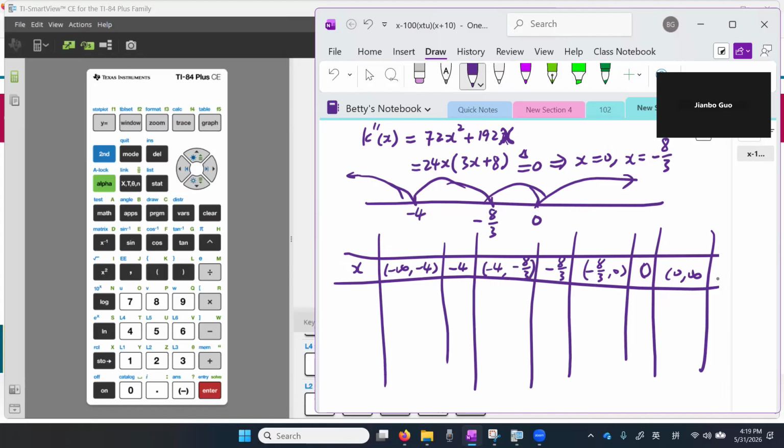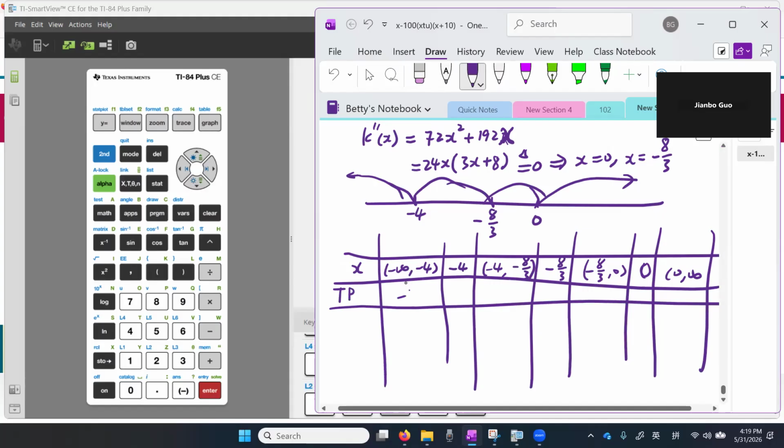All right. And we're going to pick the testing points in the second row. For negative infinity to negative 4, we can pick negative 10. From negative 4 to negative 8 over 3, I would choose negative 3. Negative 8 over 3 is around negative 2.7, so negative 3 is in the interval.